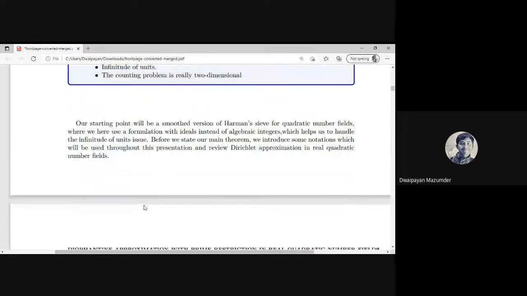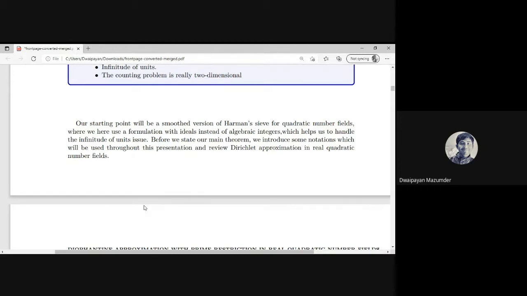Our motivation was the very same as for the imaginary quadratic fields. Our starting point will be the smooth version of Heath-Brown's method for quadratic number fields, where we use the formulation with ideals instead of algebraic integers. Obviously, we use ideals just to get rid of the problem of the infinitude of units.